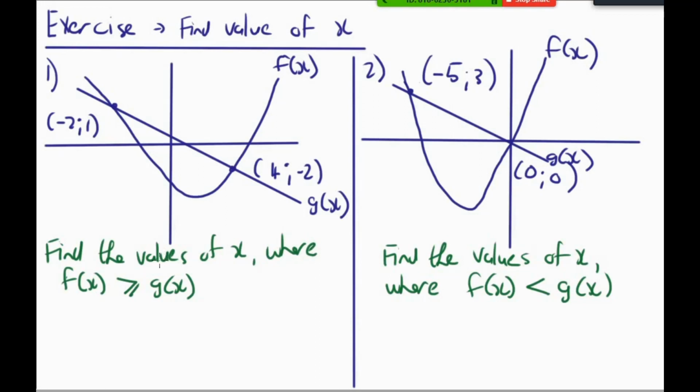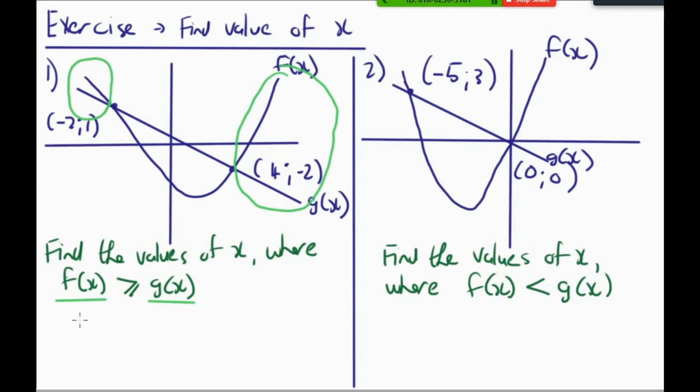So once again, it's about trying to find out where you have to locate it. They've given us the points of intersection, so we don't have to use simultaneous equations to find them. But here it's where f(x) is greater than or equal to g(x). So f(x) is over here, so it's basically in this area over here. That's another way to look at it. It's in that area over there, and it's in that area over there. So once we've identified the area, then we can get our answer.